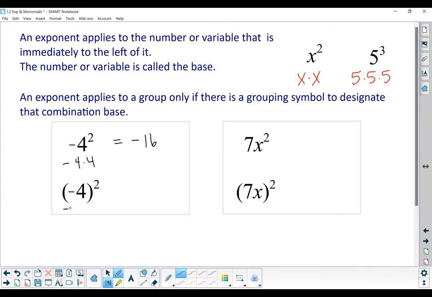This is -4 multiplied by itself, so this is positive 16. Make sure you're really being conscious of what the base is. In this case, the 4 is the base, and in this case, because we have that grouping symbol right here, the -4 is the base.